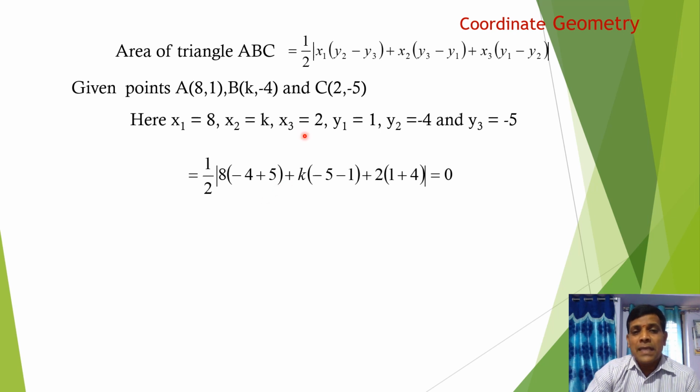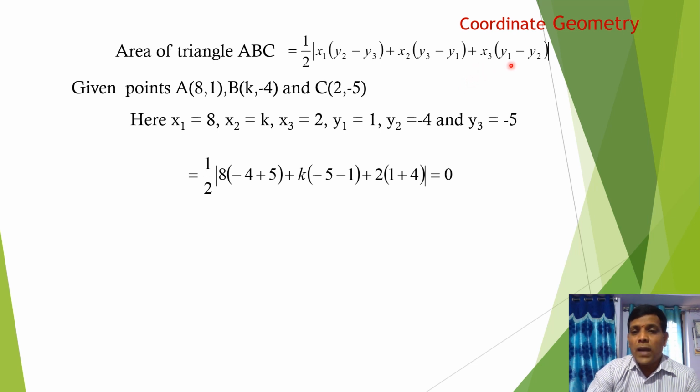Plus x2, which is k, into (y3 minus y1). y3 is minus 5 and y1 is 1, so minus 5 minus 1.